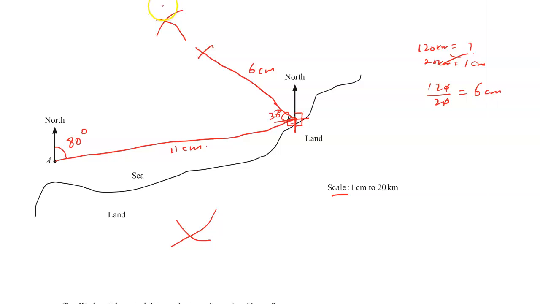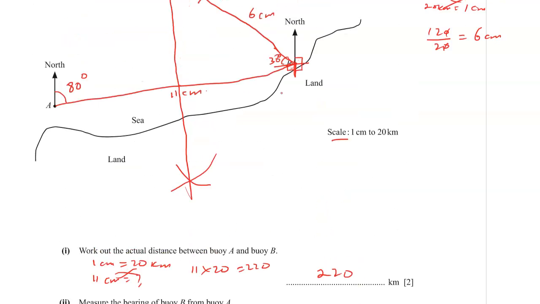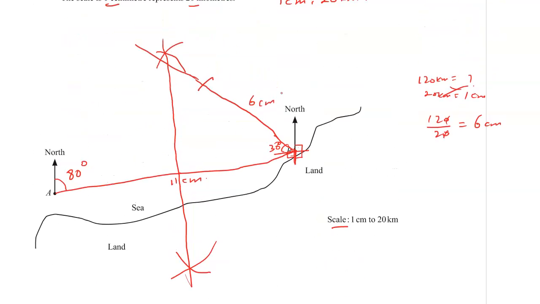Then use your ruler to join these two. The distance from here to here is the same as the distance from there to there, and so on. Prolong this line. So along this line is always equidistant from A and B. Yeah, that's it. Use your ruler and do those constructions.